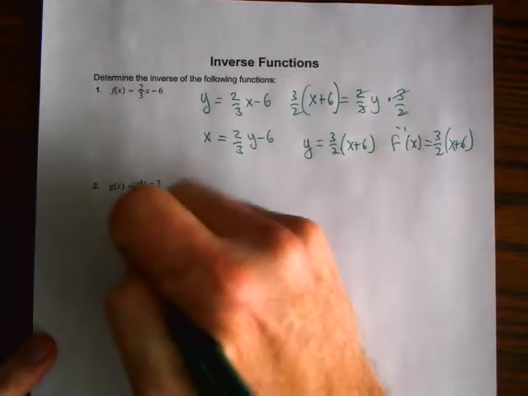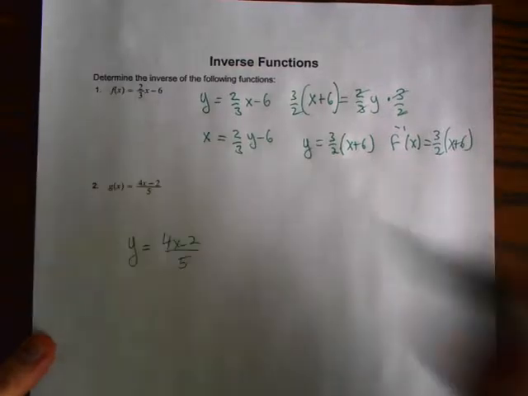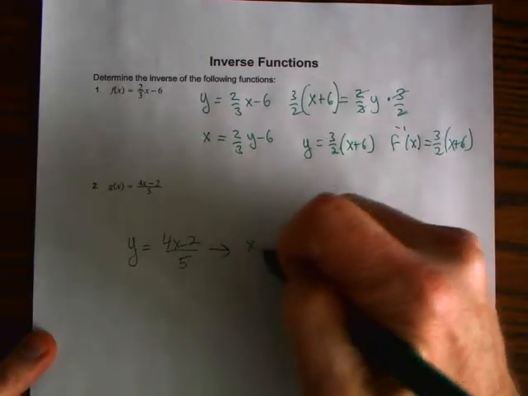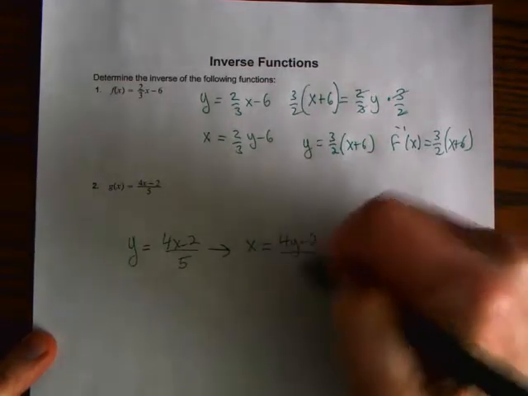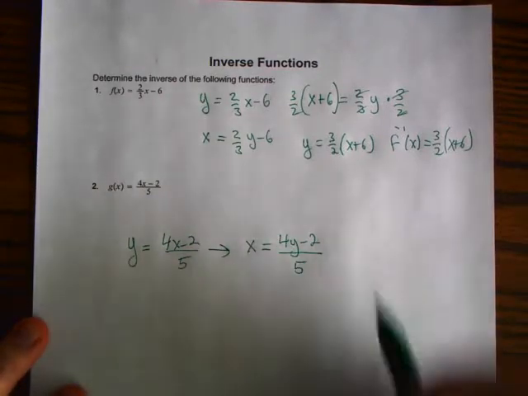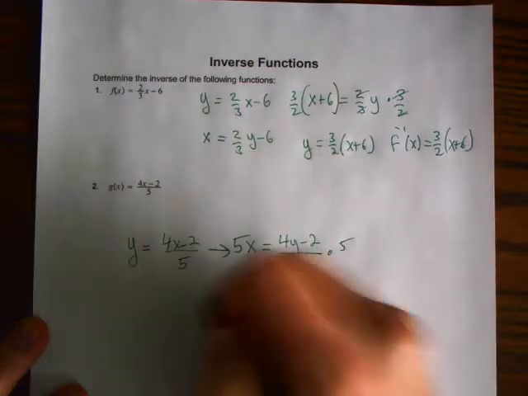Second one, y equals 4x minus 2 over 5. Again, I switch the x and the y, so I write x equals 4y minus 2 over 5. I want to get that y all by itself. I would start by multiplying both sides by 5.